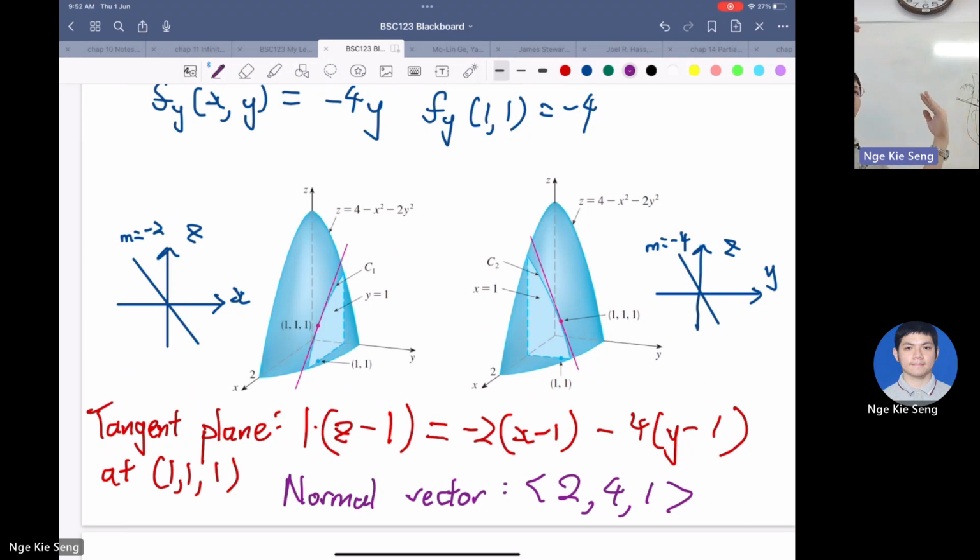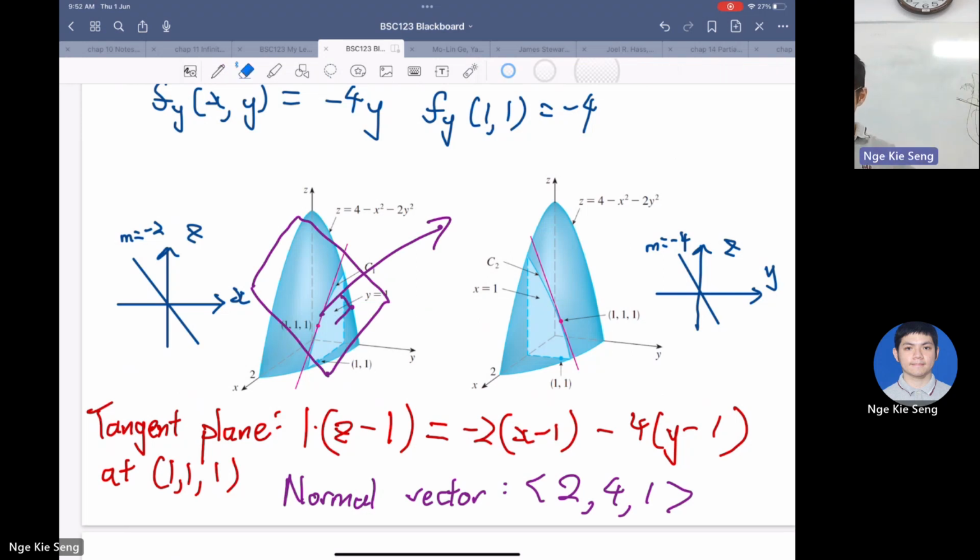But it's still normal, right? Still normal. Because for normal we just want 90 degrees. So we got a plane here, and there's a normal vector to this plane, which is 2, 4, 1. So you can see that the derivative becomes the normal vector to the tangent plane.